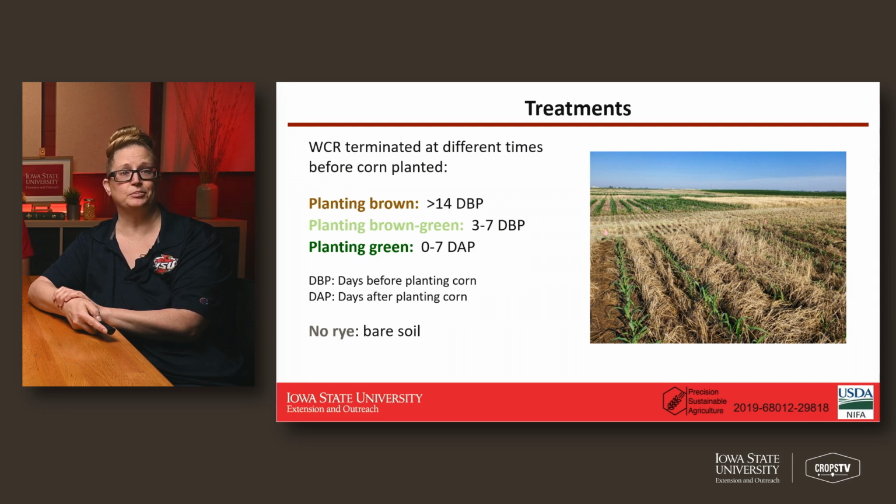We also had a planting brown-green treatment, where the cover crop was terminated 3 to 7 days before corn planting. And then finally, we had planting green, where the cover crop was terminated at planting or up to 7 days after corn planting. And then we also had a bare soil treatment where the rye was not planted.